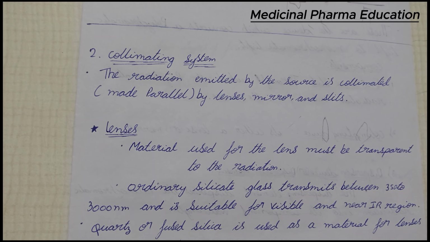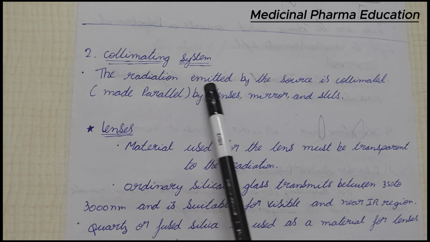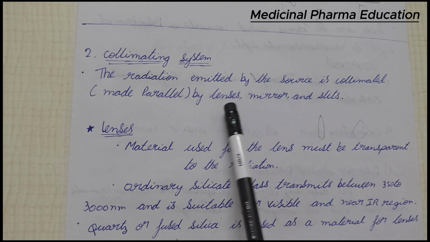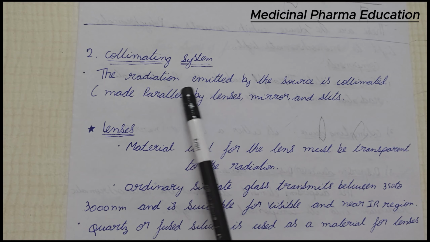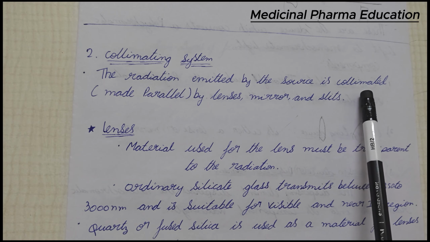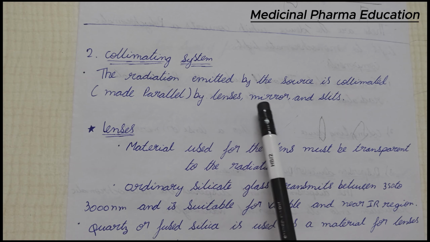Next, collimating system. The radiation emitted by the source is collimated, made parallel, by the lens, mirrors, and slits. Already I have said they make the light parallel by passing the light through the lens, mirrors, and slit.